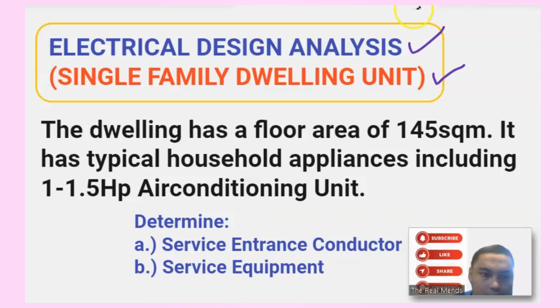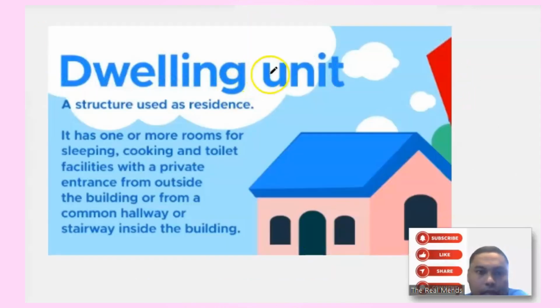Okay, so ito is for single family dwelling unit. So ano ba talaga yung single family dwelling unit? And then when we say dwelling unit, so a structure used as residence.